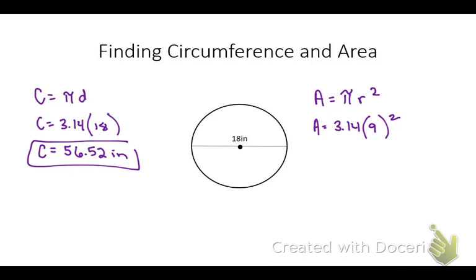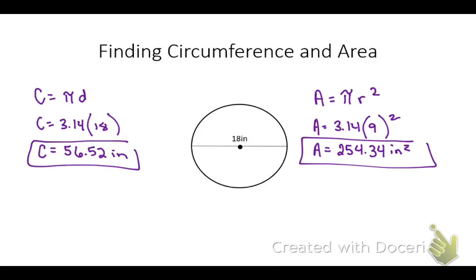Exponent. So 3.14 times 81. What's 3.14 times 81? 254.34, and we say inches squared. All right, any questions on circumference and area of a circle? It's on your test tomorrow.